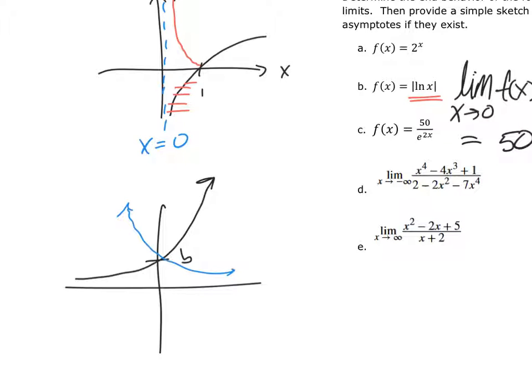So then you can find the limit as x approaches positive and negative infinity on this one. I can't do that with logs because negative infinity is not in the domain of the log. But for exponentials, negative and positive infinity is the domain.